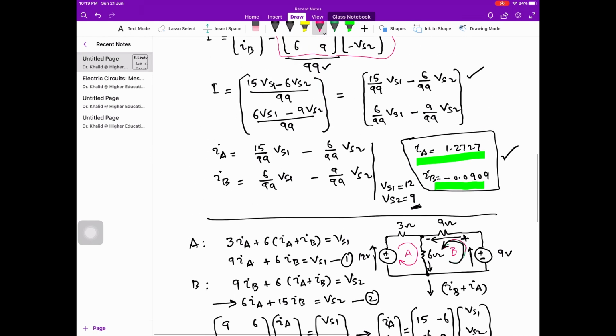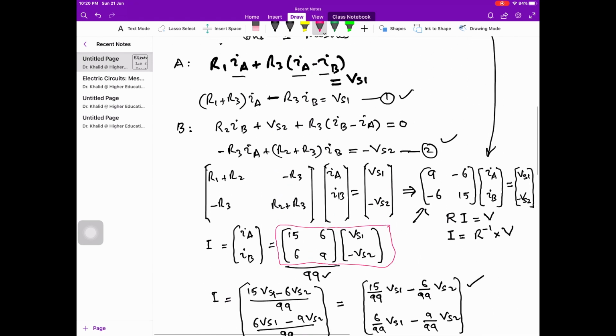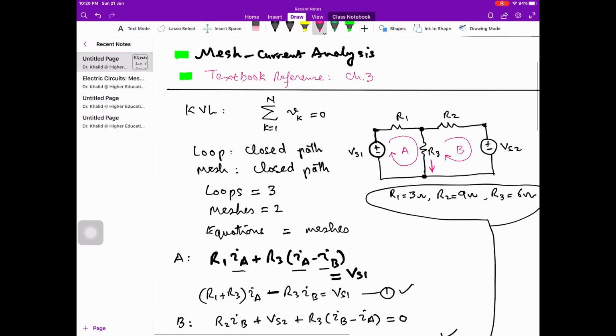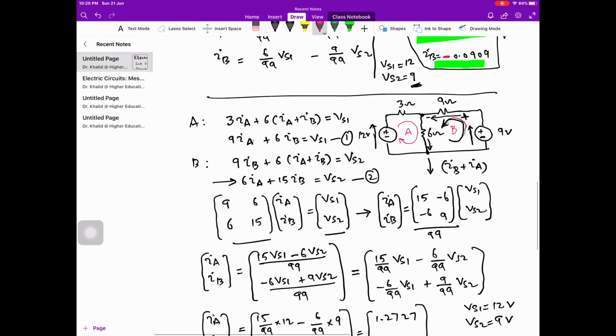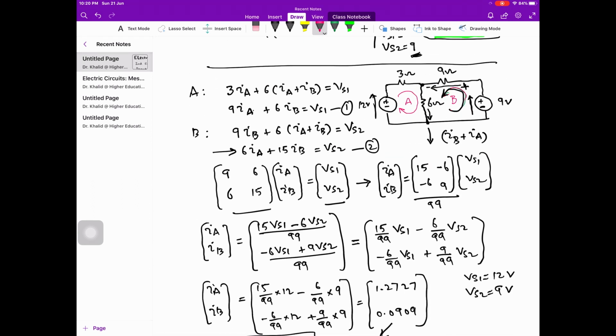See this, IA, the actual current is flowing in our assumed direction, but this negative sign means that the actual current is flowing opposite to our assumed direction, because in this circuit we have assumed clockwise direction of IB, and here we have assumed counterclockwise direction of IB.